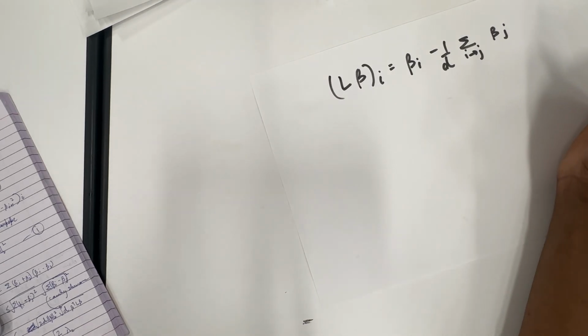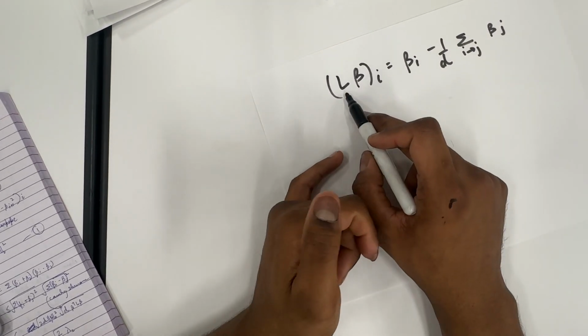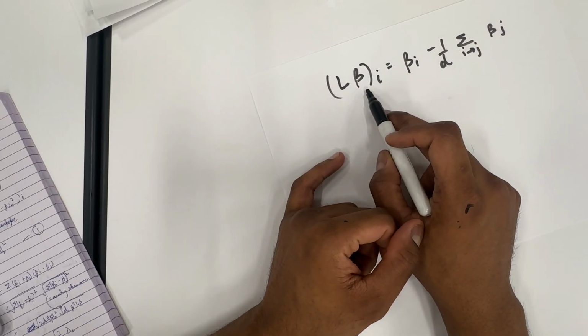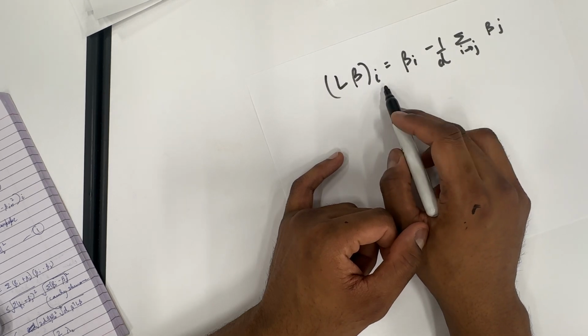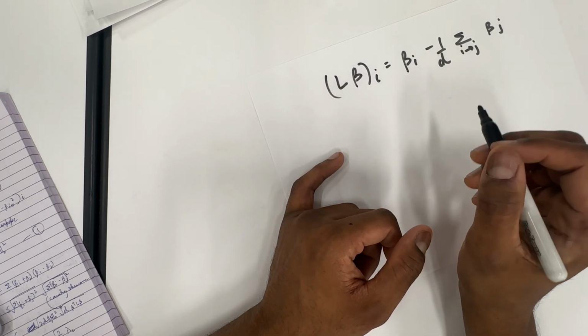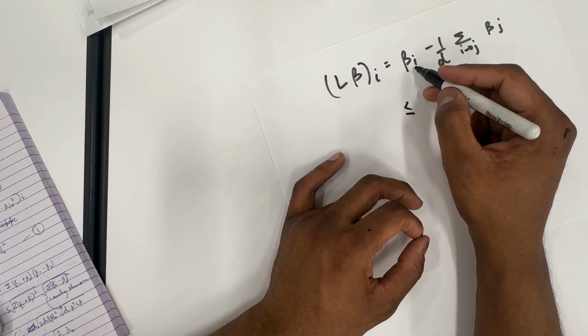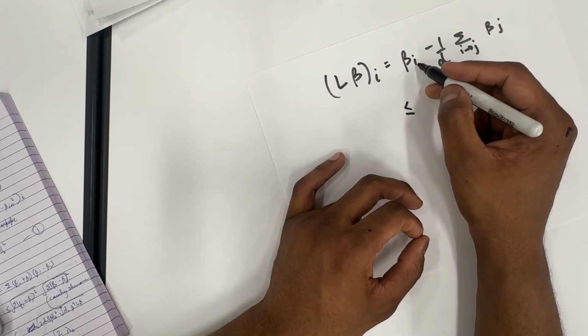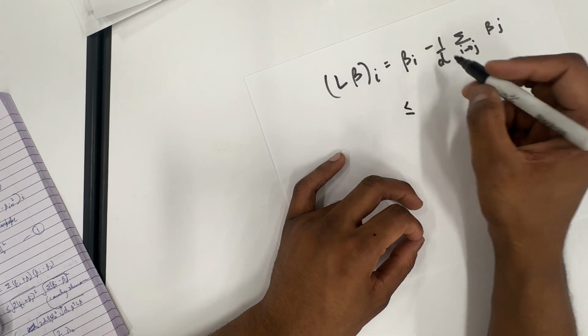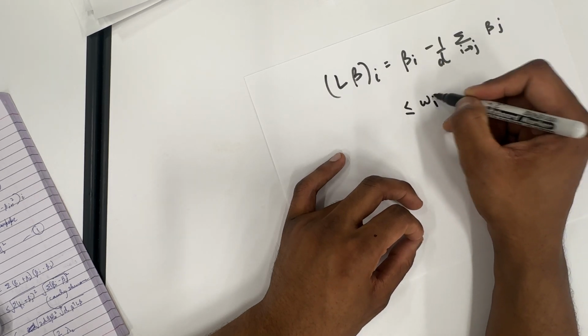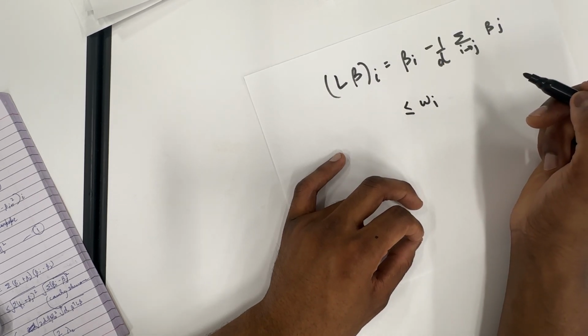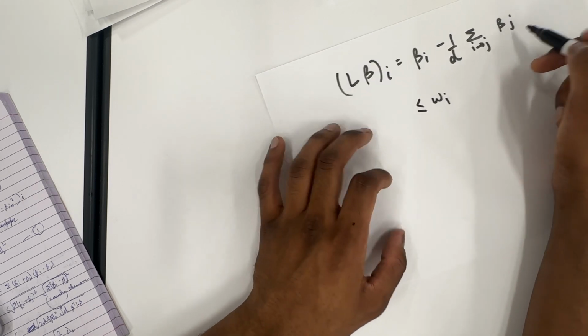Now because I'm applying L to beta and taking only the first k elements, beta i is the same as w i, and beta j is something like this.